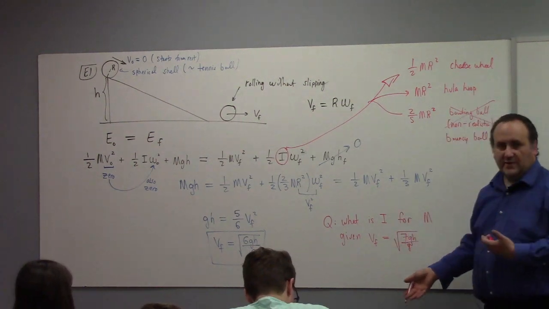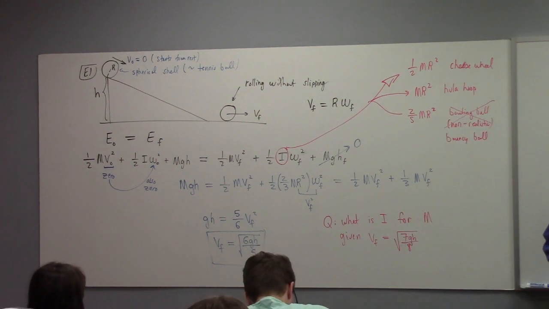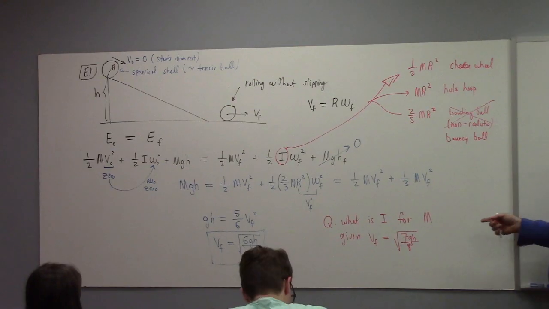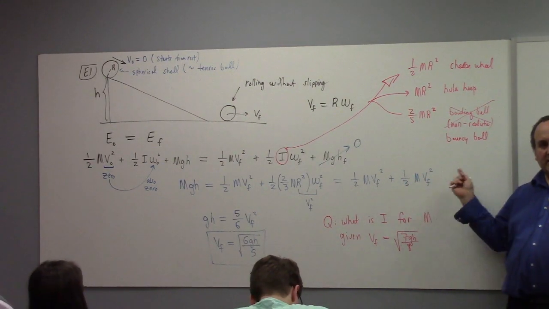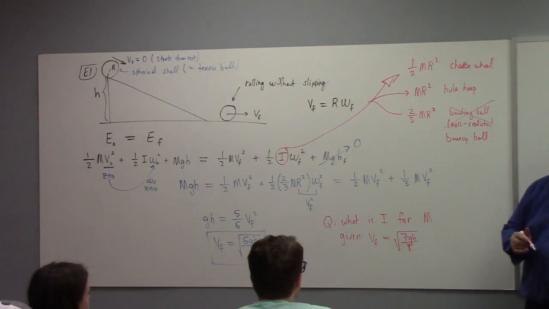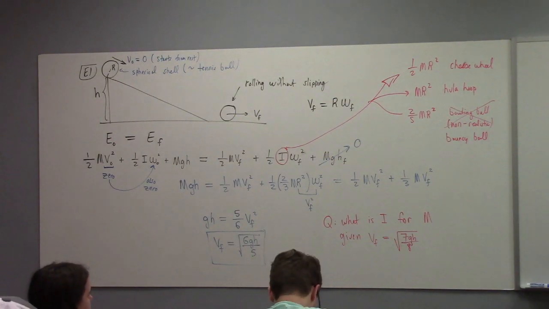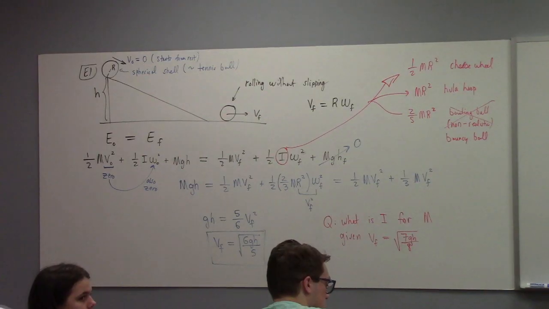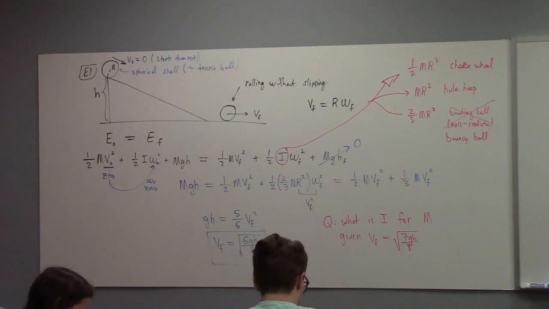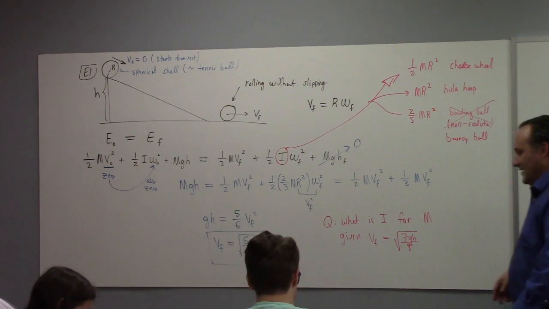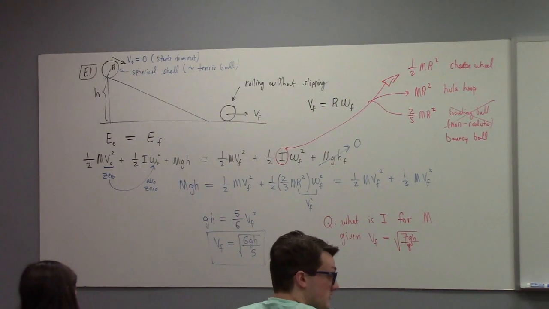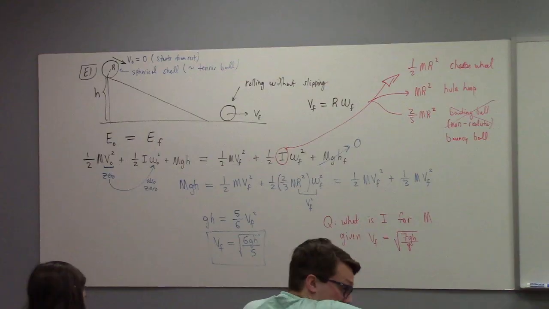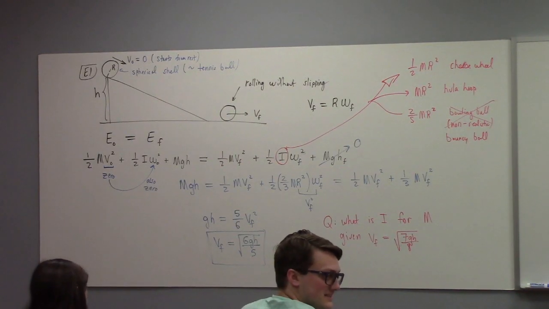You could work this out as well. If you know the final velocity, you can put that in here and track back what the moment of inertia would have had to be in order to achieve that result. That's another way to ask this question. But the weekend has begun, so let me shut up. We will do more of these, have no fear.